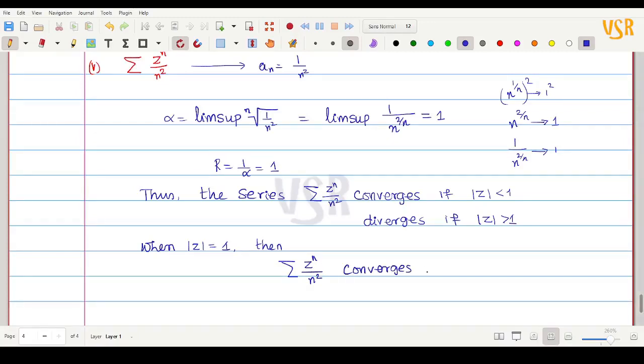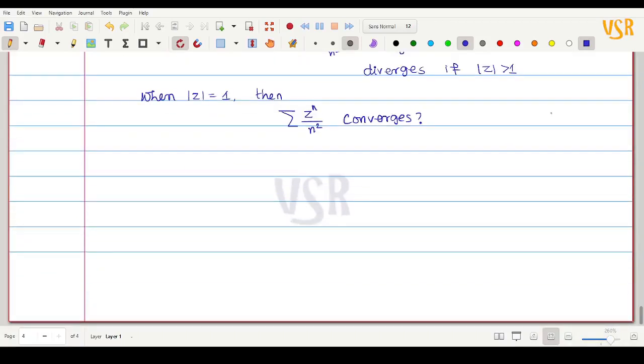Why does this converge? Look at each term: modulus of z to the power n divided by n square. Since mod z is 1, this is equal to modulus of 1 by n square. That is, modulus of z to the power n divided by n square is less than or equal to 1 by n square for every n belonging to the natural numbers.